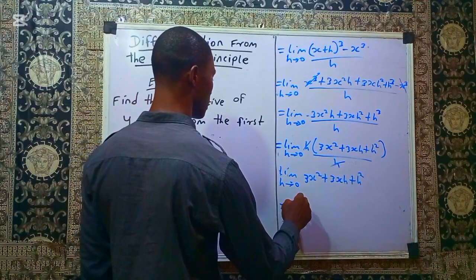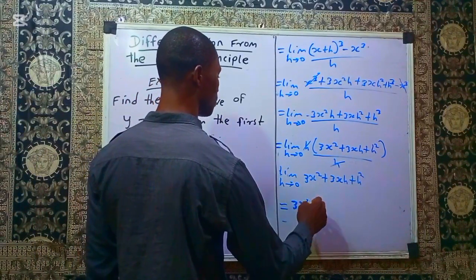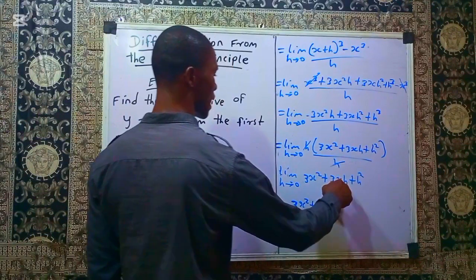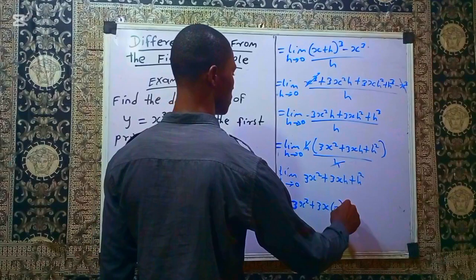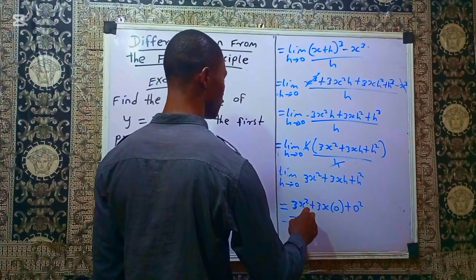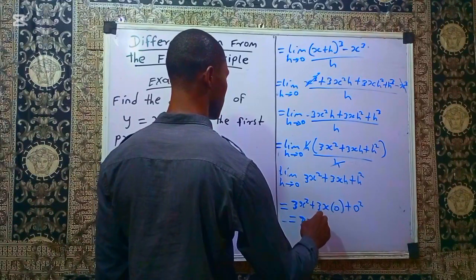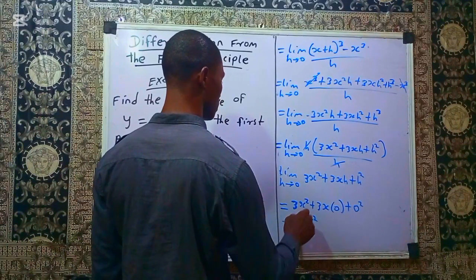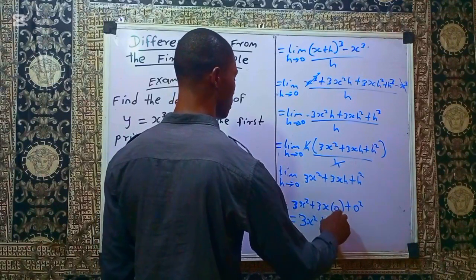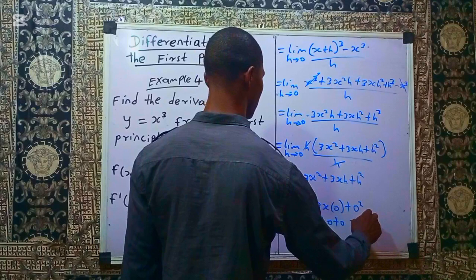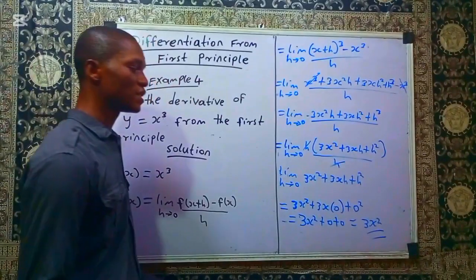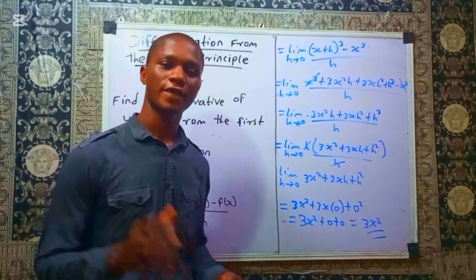So I have 3x raised to power 2, plus 3x multiply h, h is 0, plus h squared, that's 0 squared. So this gives you 3x raised to power 2 plus 3x times 0 is 0, and 0 squared is 0. So the final answer is 3x raised to power 2. This gives the derivative of this function from the first principle.